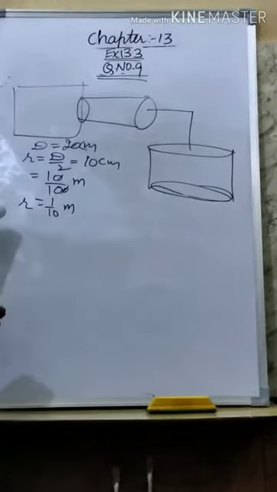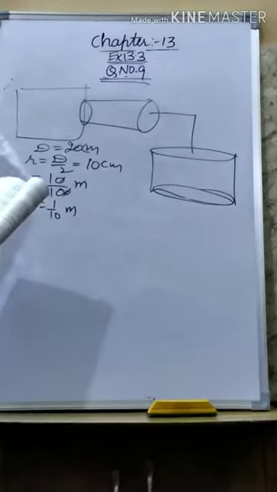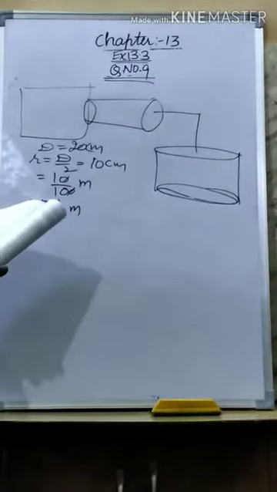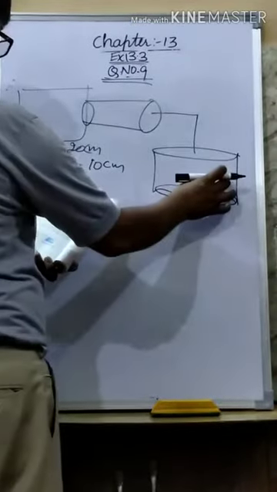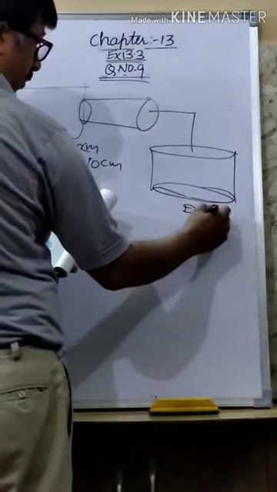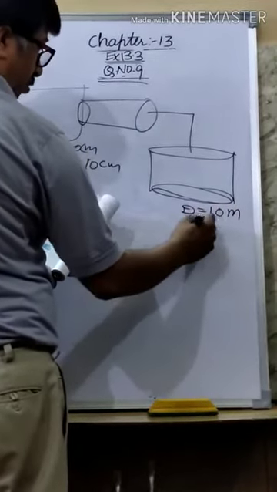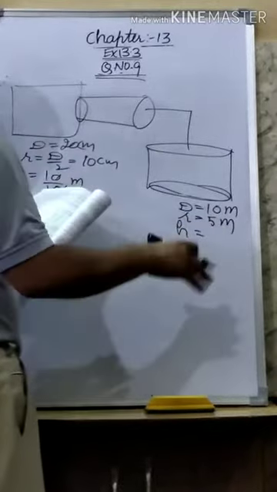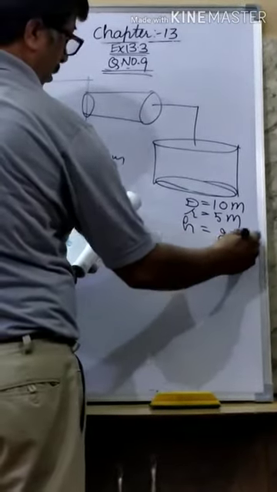This is the radius of the cylindrical pipe. And this water is collected in the cylindrical tank, which is 10 meter in diameter. So radius is 5 meter, and the depth of this tank is 2 meter.